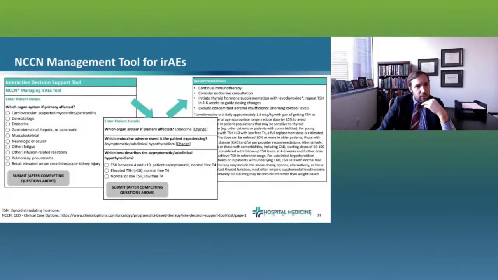Is the patient having GI issues, diarrhea, or are they having musculoskeletal problems and new arthritis, myositis, et cetera? Are they confused, neurologic, pneumonitis? So in this example, they clicked on thyroid. It's prompting you to tell them what the TSH is, you provide some clinical data, and then it spits out some excellent recommendations. Of course, depending on the grade of the toxicity, that'll tell you, do you continue the immunotherapy? Do you stop the immunotherapy? What do you do to address the actual endocrinopathy here? Do you give them Synthroid? How do you dose their Synthroid, et cetera?